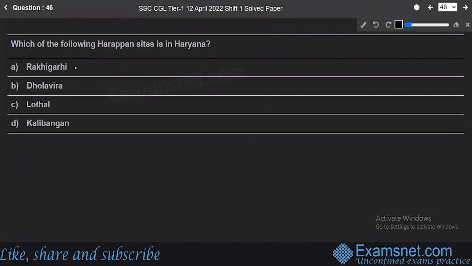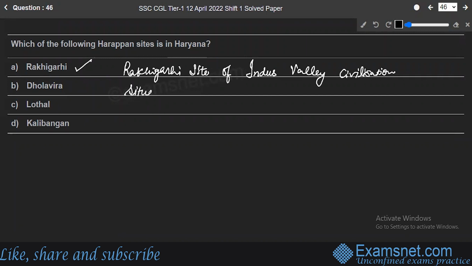The correct answer to the question is option A, Rakhigarhi. Rakhigarhi site of Indus Valley civilization, situated at Rakhigarhi village in Hisar district.